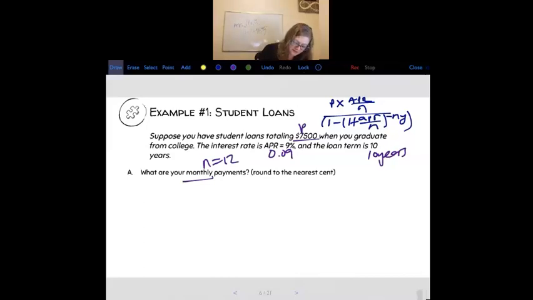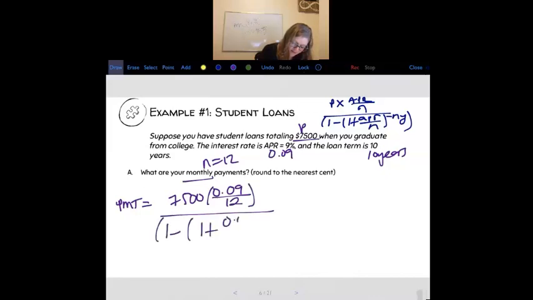To set this up, we're going to have PMT equal to 7,500 times 0.09 over 12, divided by 1 minus 1 plus 0.09 over 12 to the negative N times Y, so negative 12 times 10, and close your parentheses. This is what your formula should look like. On an exam, I will be looking for this to see if you got this part correct or not.